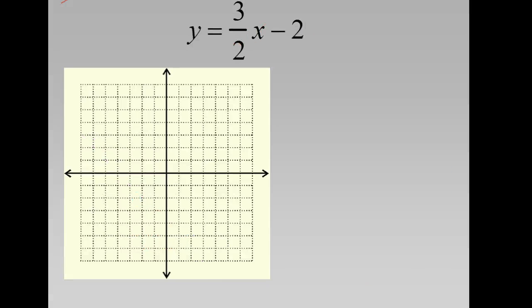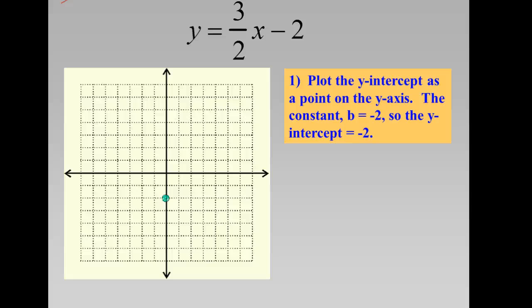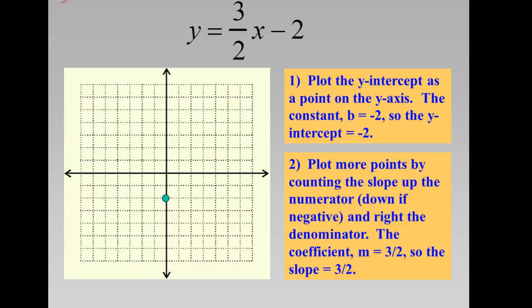Alright, so here's another one. We have y equals 3 over 2 x, 3 halves of x, minus 2. And we all know that the y-intercept in this case is going to be negative 2. So we start at negative 2 on the y-axis. And then our slope basically is telling us what to do. We need to rise 3 and go to the right 2, since it is positive.